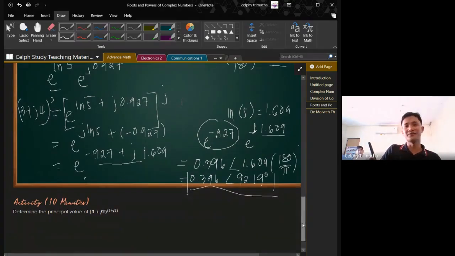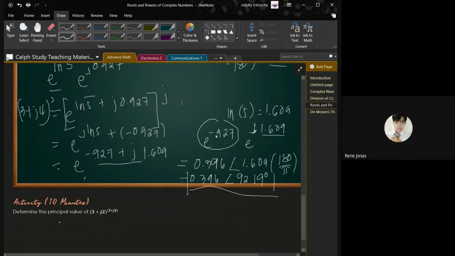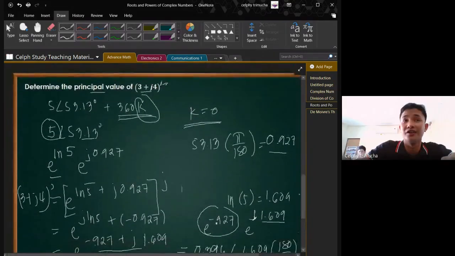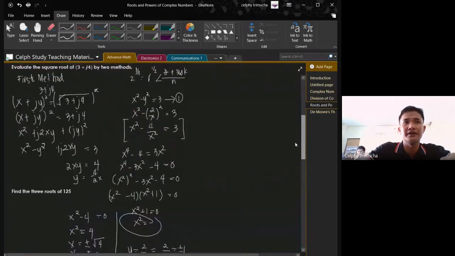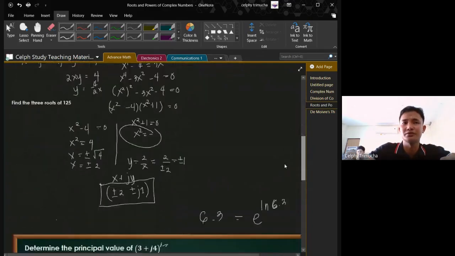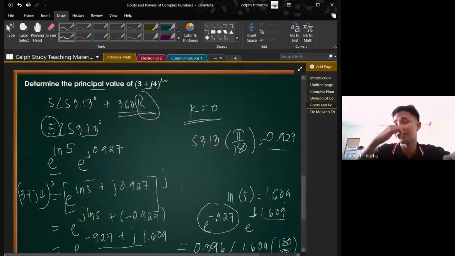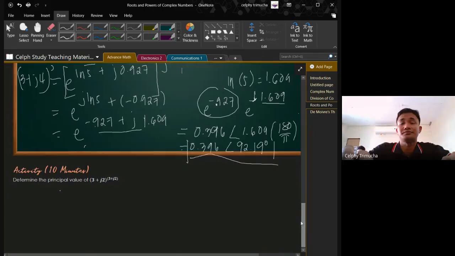Okay, so far any questions or clarifications before you proceed to your activity? A student asks about the start of class and the topic. The speaker says the class starts with square roots, finding the roots of a complex number, which is fairly easy, and the video to download is on YouTube.